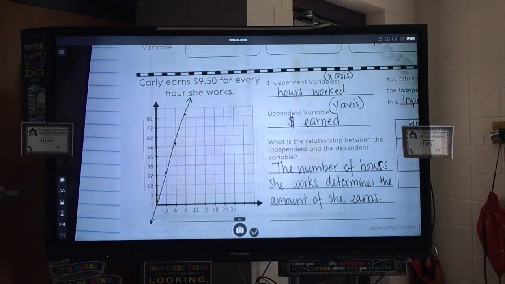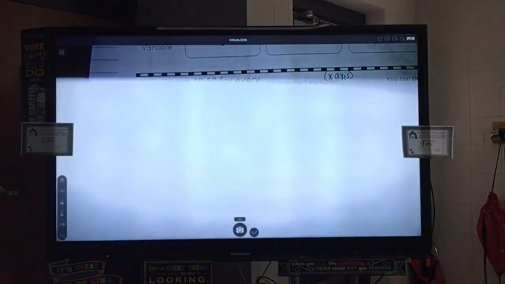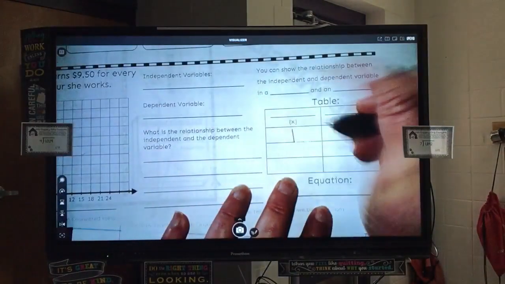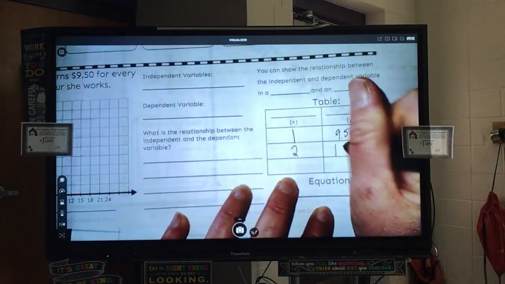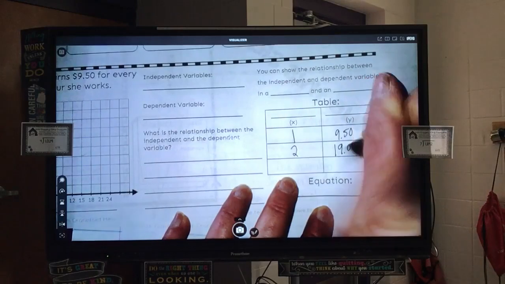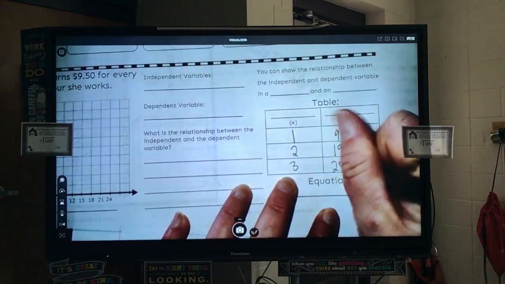Alright, Michaela, you said your group did what numbers? Okay, so 1 gave you 950. 2 gave you what, 19? Yes. And 3 gave you 2850.